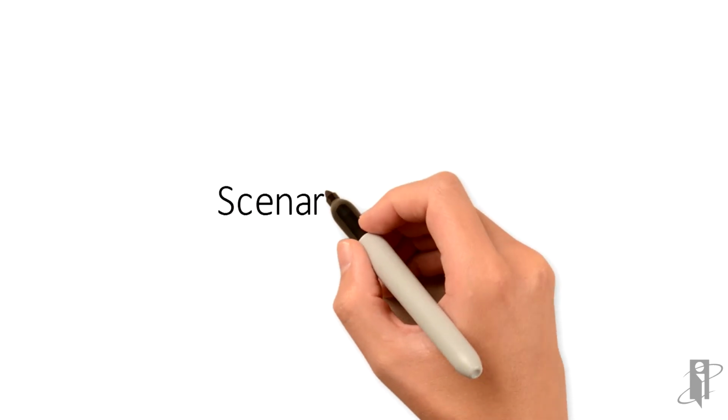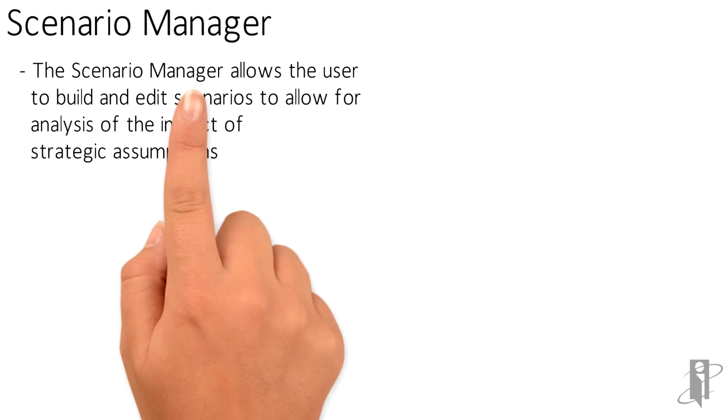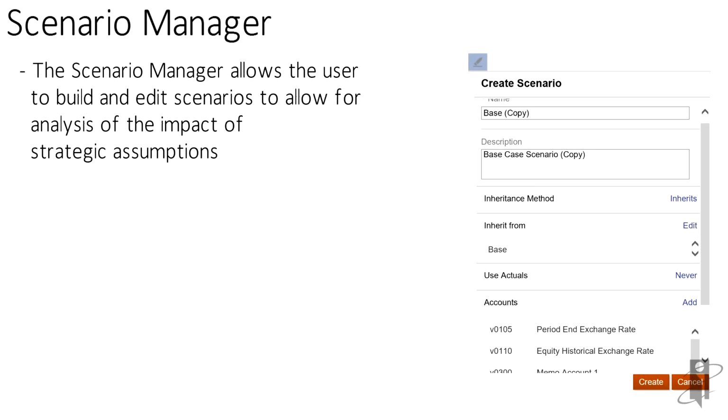As I mentioned before, one of the most powerful features of strategic modeling is the ability to create what-if scenarios. These scenarios can be used to determine the impact certain assumptions have on your future financials. You do this using the Scenario Manager, which will allow you to build and inherit from other scenarios.